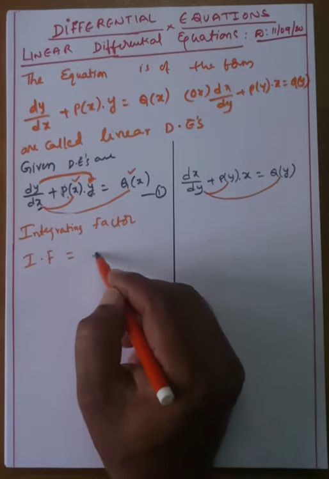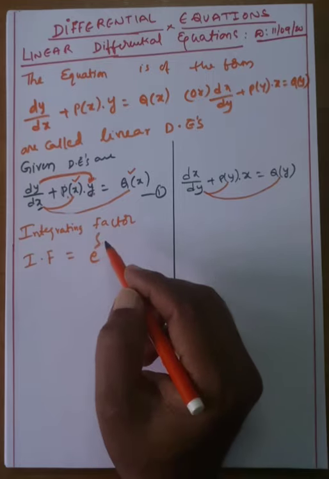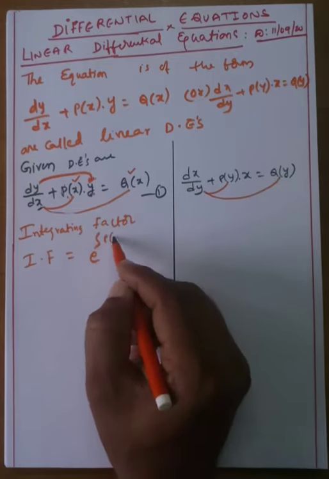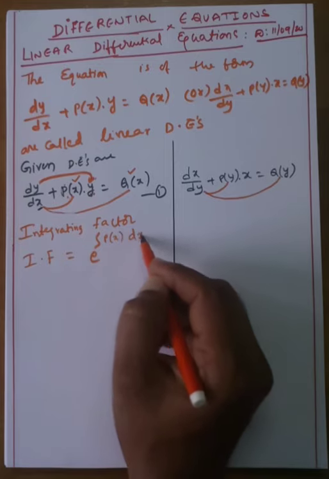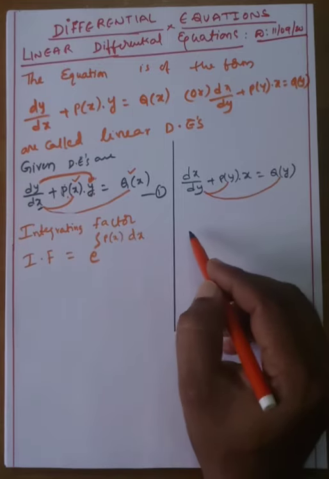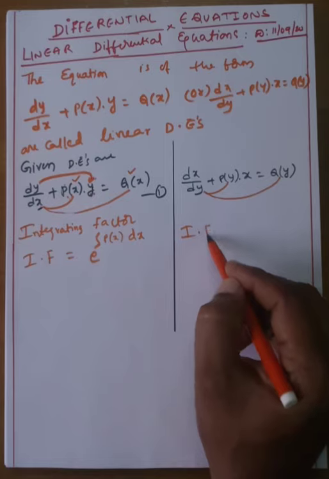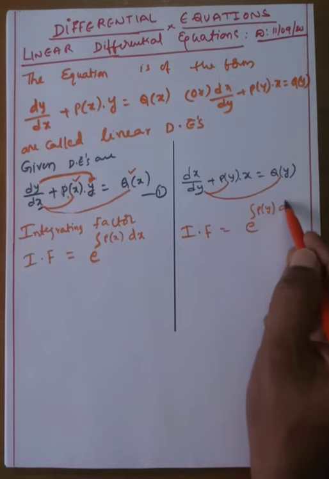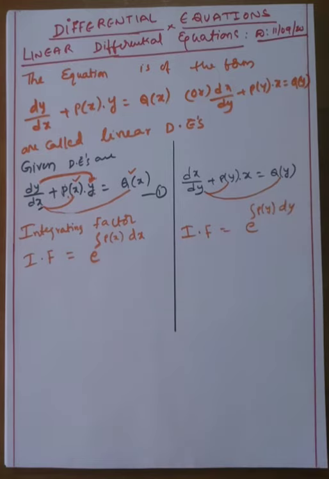It is e power integral of p of x with respect to x. Here the integrating factor is equal to e power integral of p of y dy with respect to y. I hope that you understood or not.